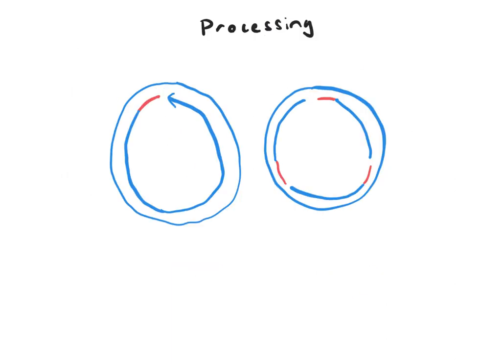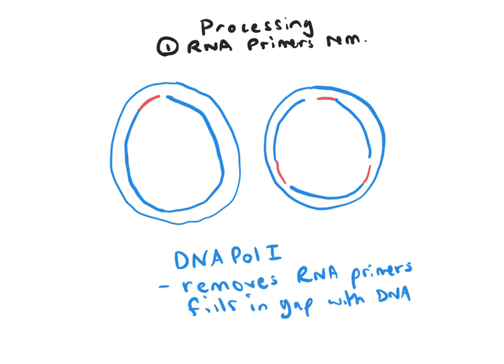So here I'm going to talk about how the DNA has to be processed before it's really been completely replicated. So the first thing that has to happen is these RNA primers have to be removed from the new strands and replaced with DNA. So DNA polymerase I is going to come along and chew back the RNA primers like this.